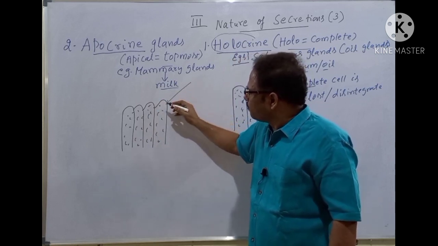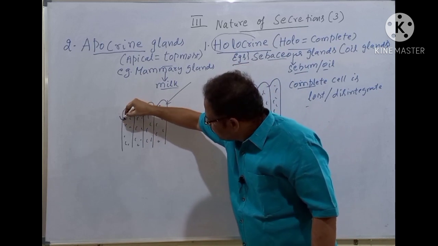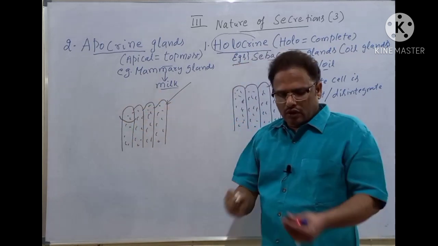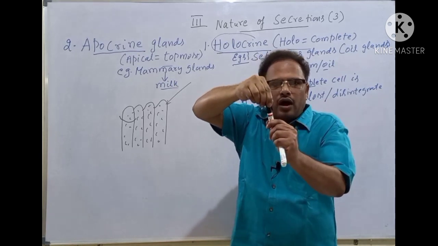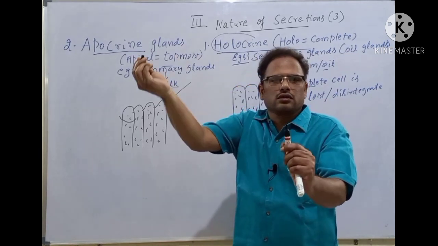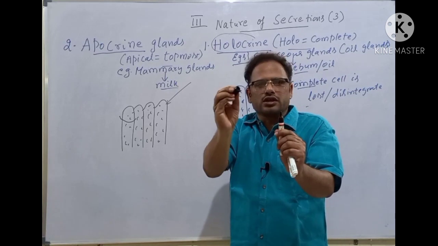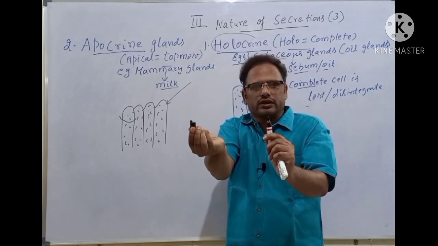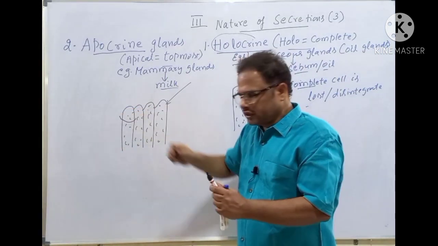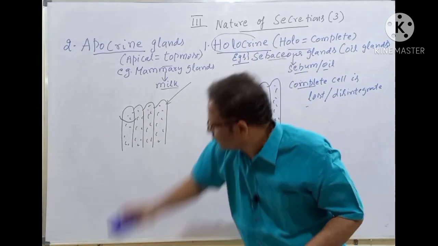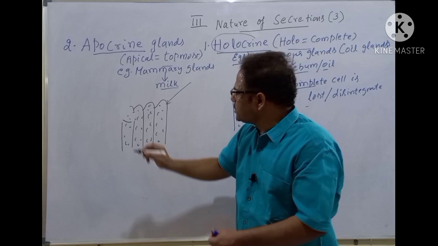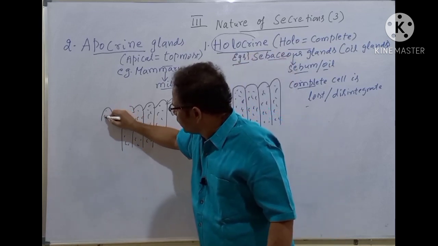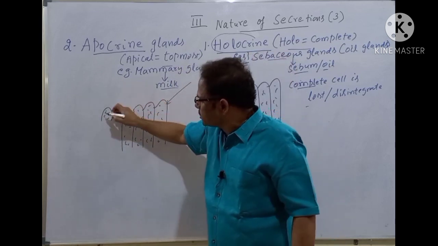During the secretion of mammary gland, this apical part is cut off, like this. Okay, this apical part is cut off like this. So there is no such part here because this is cut off now. This is cut off and it is lost here, like this. Because it is cut off, it is lost.